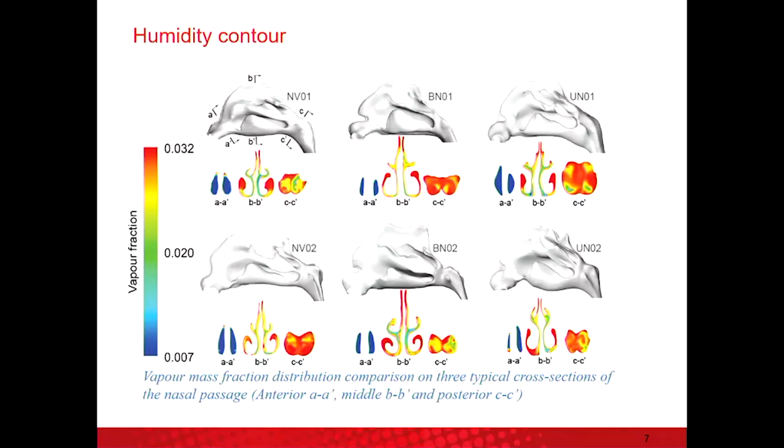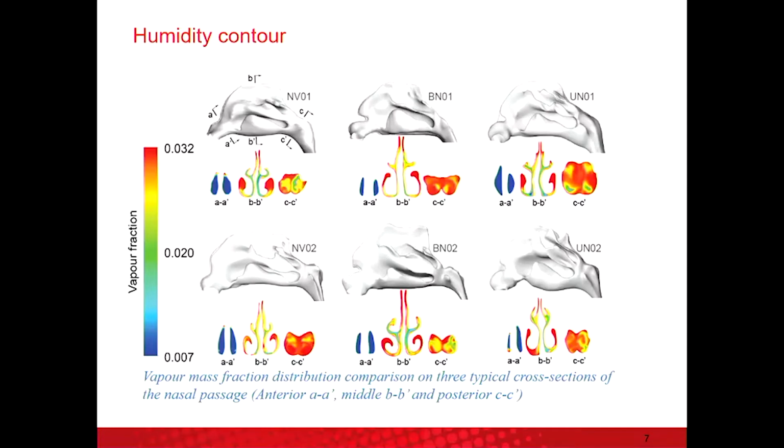Apart from this simple structure, we're able to simulate the heat and mass transfer as well. Here's the mass transfer, which is the humidify function of our nasal cavity. As shown in this graph, we select three typical cross-sectional regions. A is the nasal valve, B is the middle part of the nasal cavity, and C is the choana.